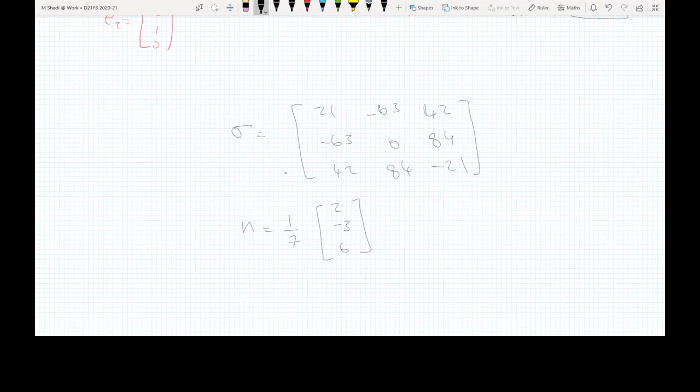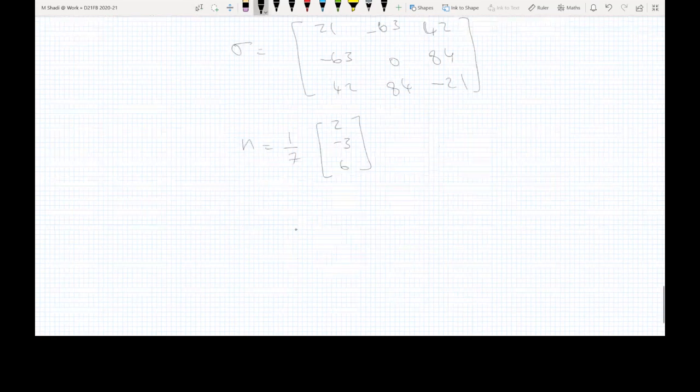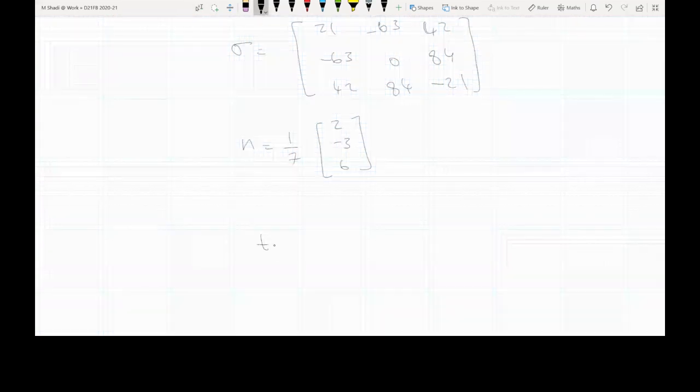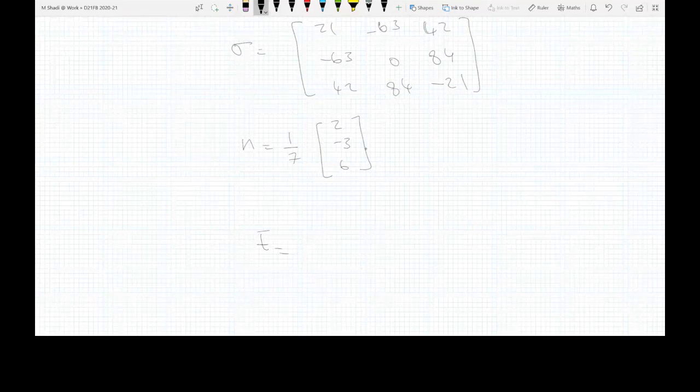So we have a normal direction and we have a stress tensor. We are interested in finding the stress vector and the components of this stress vector, so the shear and the normal components. So to find the stress vector, I'm just going to call it T again here. T is equal to, and this is a tensor and this is a vector, so I need to remember to draw the bar.